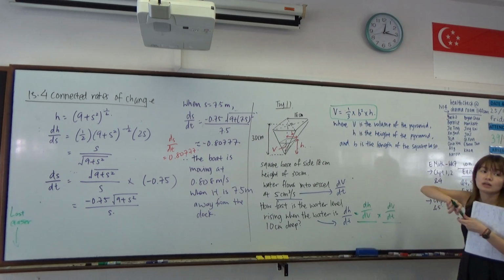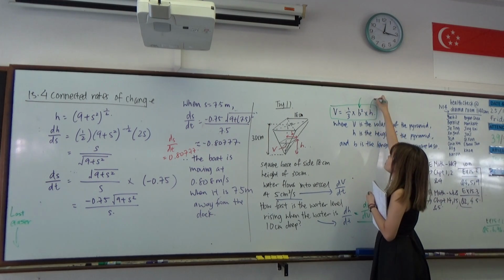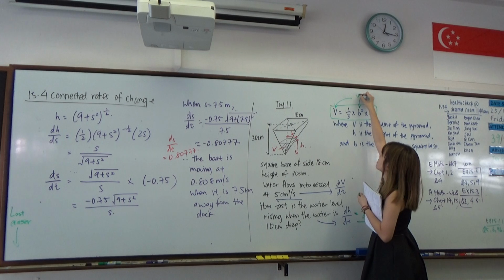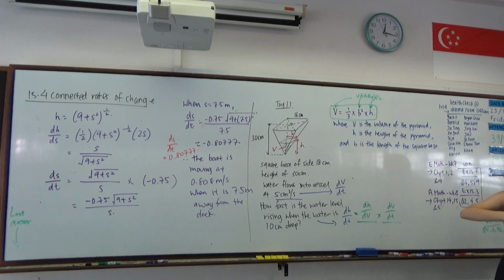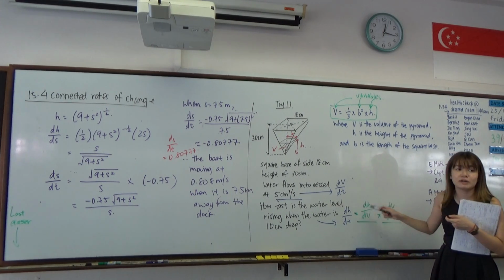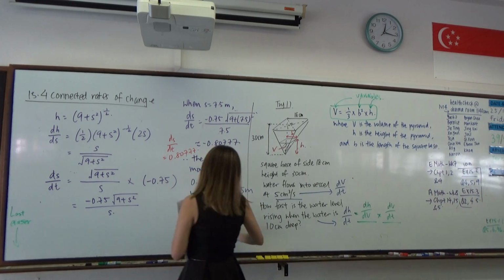But then B is also a variable. So we have three variables over here, and we cannot differentiate with respect to H if the other one is a variable. So we need to do something about this before we are able to find out what is dV over dH, or in other words, dH over dV.